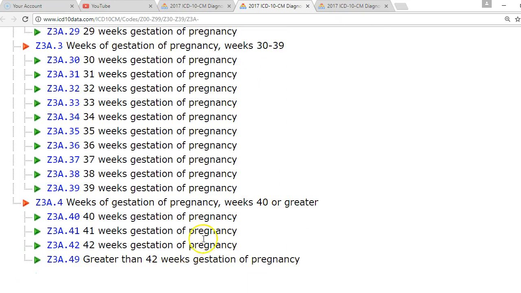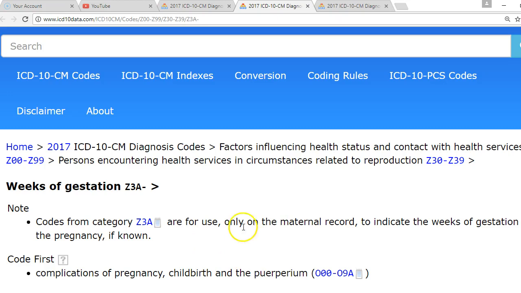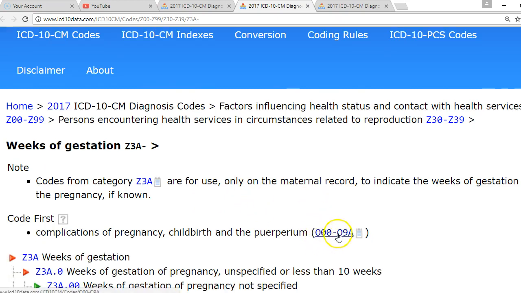And so again, if we know the weeks of gestation, we will also code it. That will be part of what we do. And again, this will go towards the end. We want to put in any complications of pregnancy, any other conditions, and then we want to put in the weeks of gestation. So, again, we want to keep that in mind. And we also use these with our delivery codes as well.